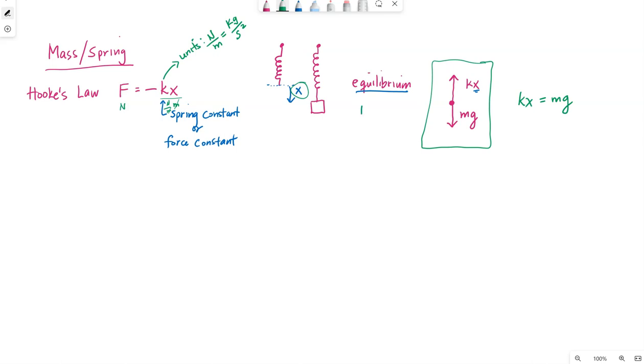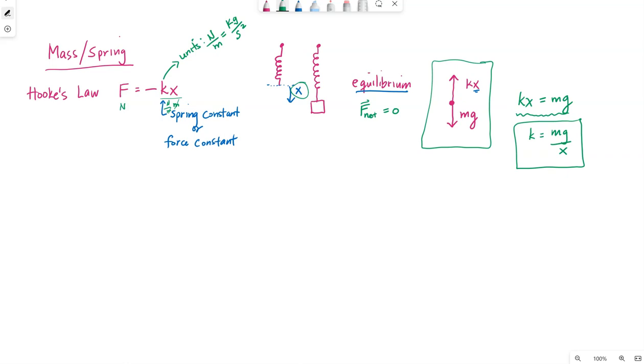So if you remember, equilibrium, we mean net force of 0. We also mean net torque of 0, but there's no turning or twisting going on here, so we don't need to satisfy that equation. And so we could calculate what k is by knowing the mass of the object we're hanging from the spring. We know g, that's 9.8 meters per second squared, and then x, how far the spring was stretched.